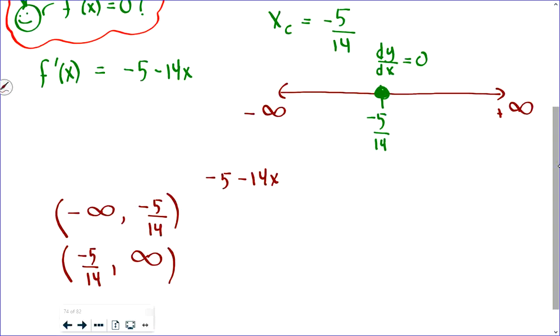What I'm going to ask you to do, everybody, is choose a number for x that's in this first interval, this interval that I'm pointing at right here. Choose any number for x that you want and put it into that factor negative 5 minus 14x and see what you get. It will either be positive or it will be negative.